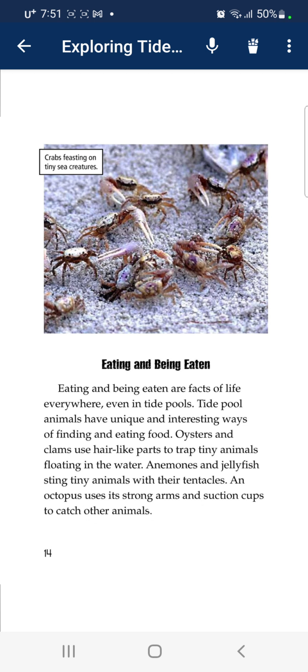Oysters and clams use hair-like parts to trap tiny animals floating in the water. Anemones and jellyfish sting tiny animals with their tentacles. An octopus uses its strong arms and suction cups to catch other animals.